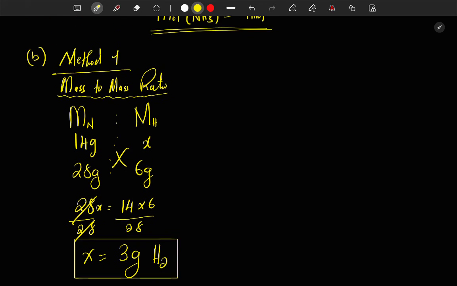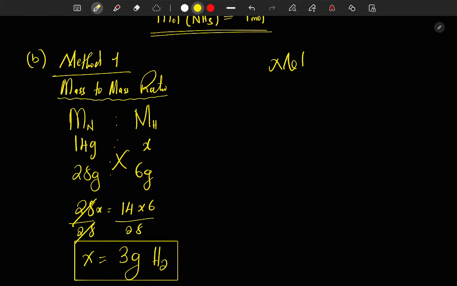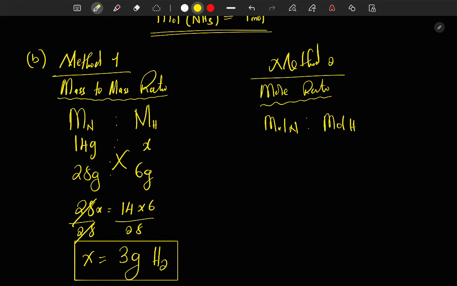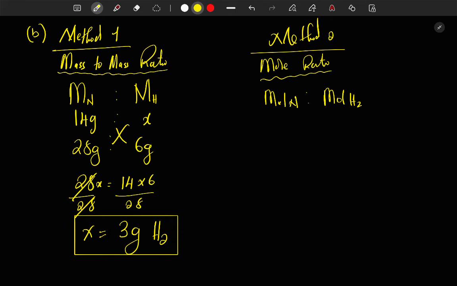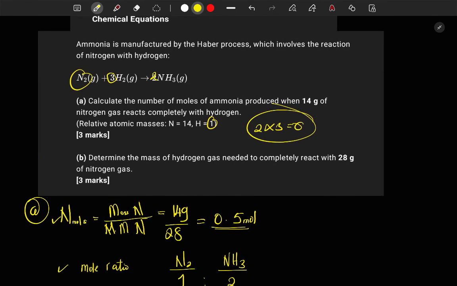That's all. Method 2 is what we call the mole ratio, the mole to mole ratio. All we are comparing is the moles of nitrogen to the moles of what? Hydrogen. So, first of all, let's go to the ratio.